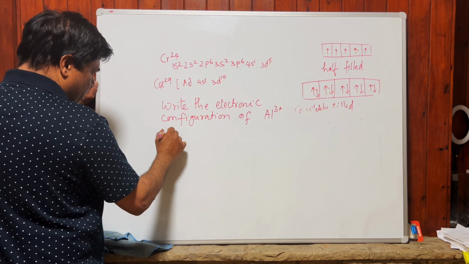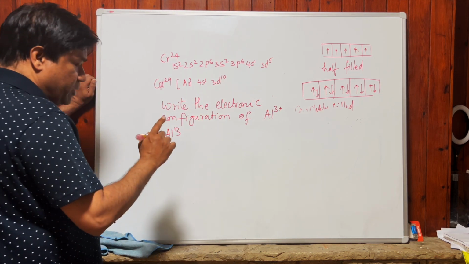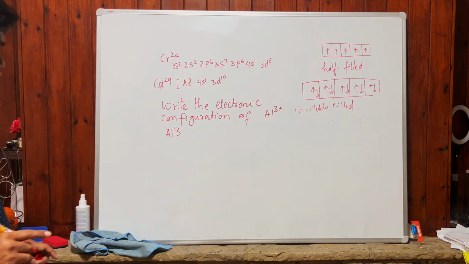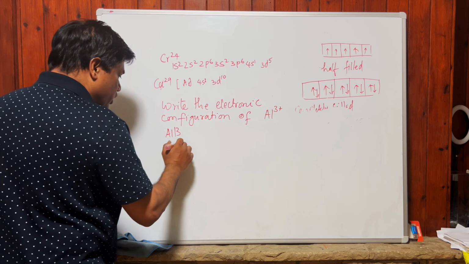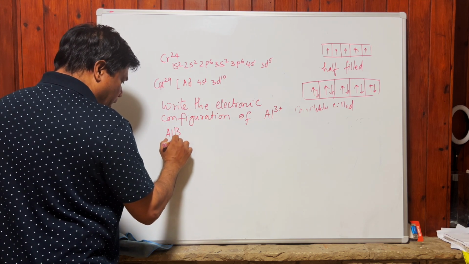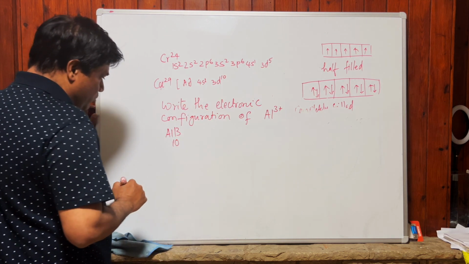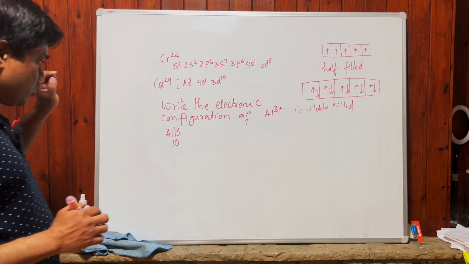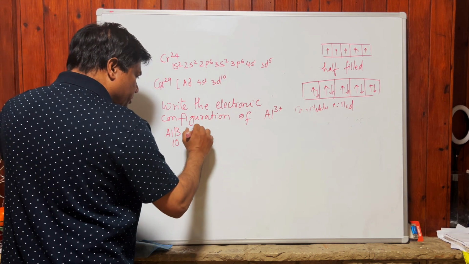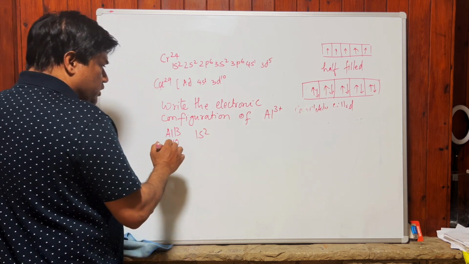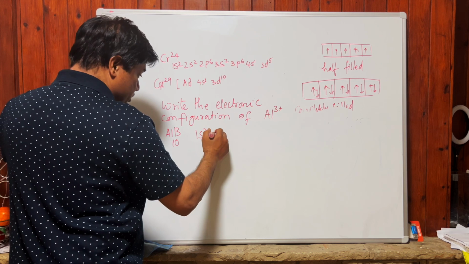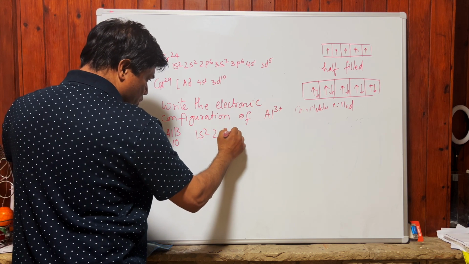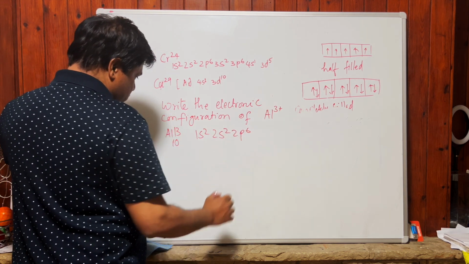Aluminium, Al, 13. 3 plus means it lost 3 electrons. Aluminium has 13 electrons, and it lost 3 electrons. Now aluminium has 10 electrons. So how do we write the electronic configuration of Al3 plus? In that way you can write the electronic configuration of ions: 1s2, 2s2, 2p6.